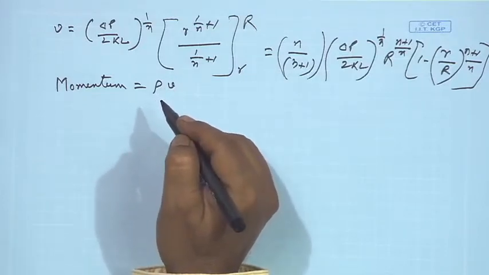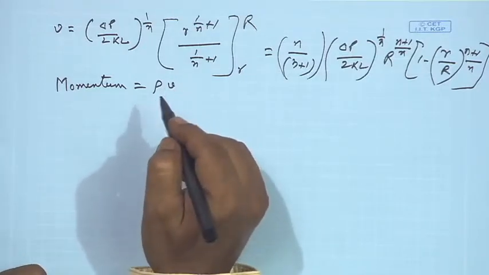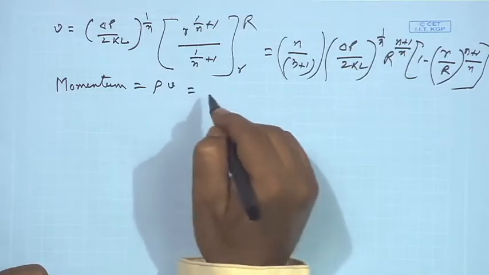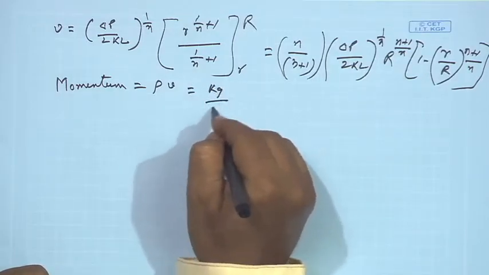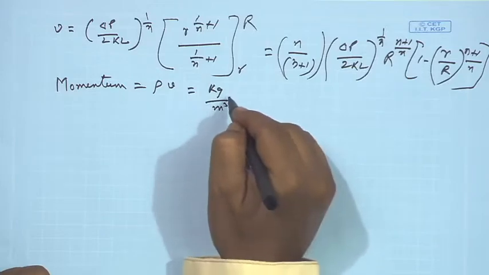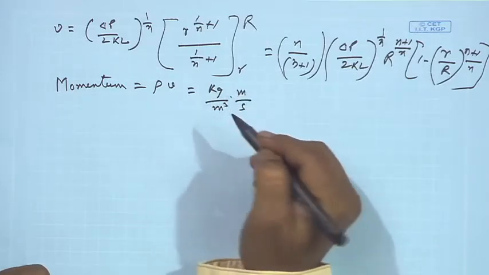So, if this is the momentum, then rho is kg per meter cube into meter per second.